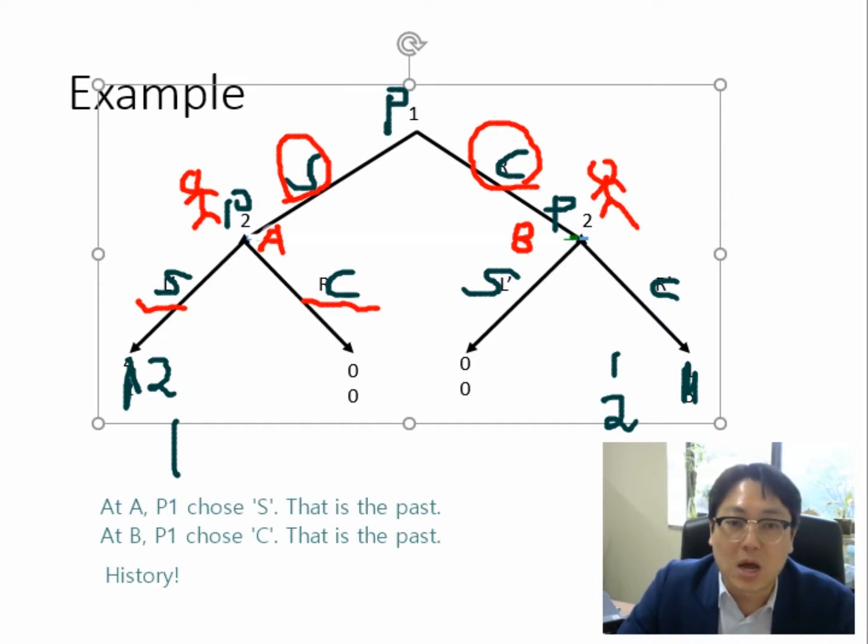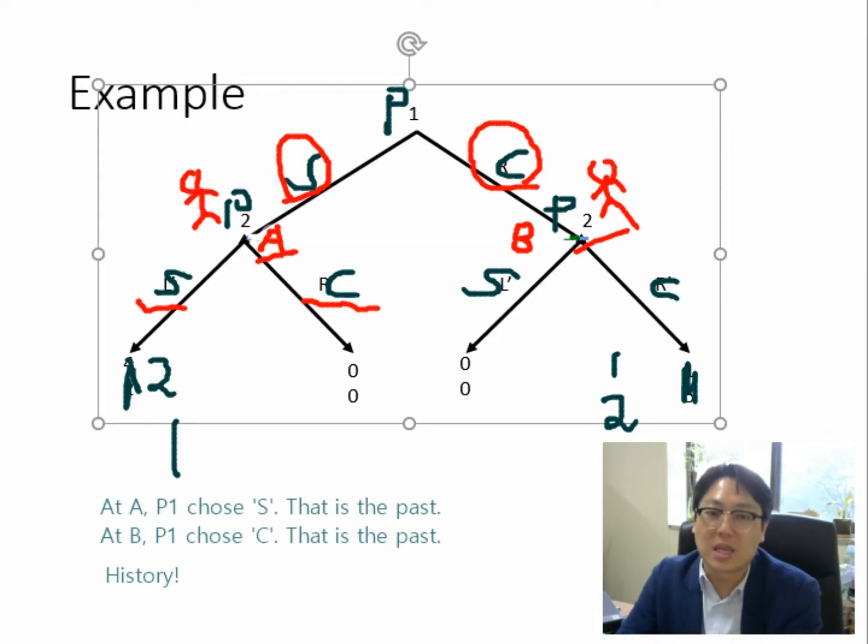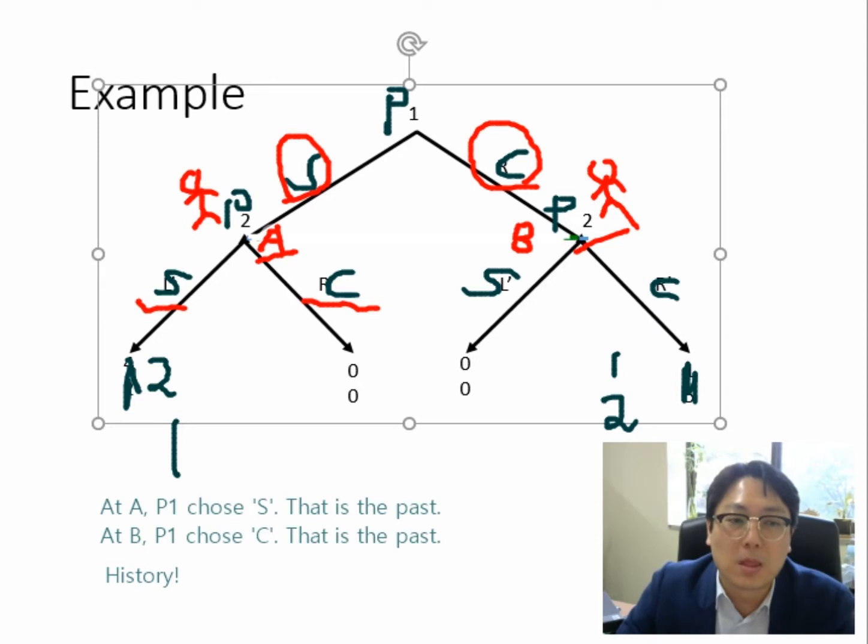That's a problem, because in a coordination game, players choose an action simultaneously, so they don't know what the other is choosing. But here, when they choose an action, they know what the other chose. So this game is not representing that coordination game at all.